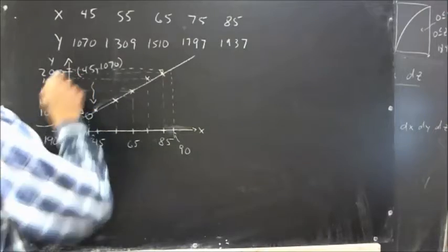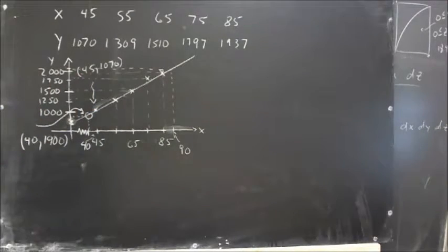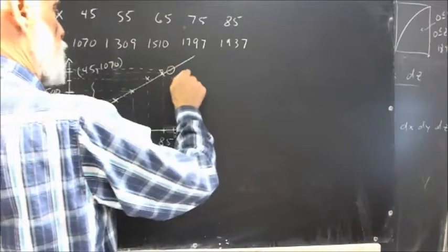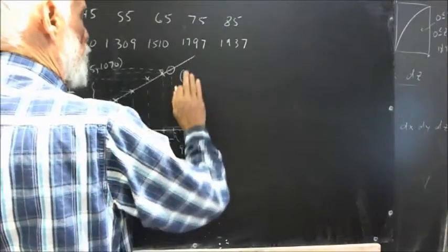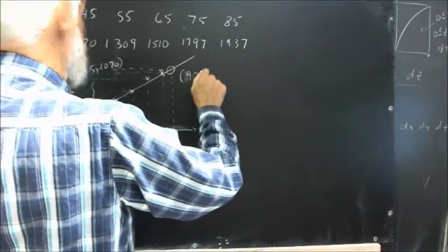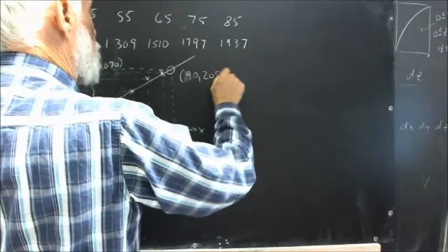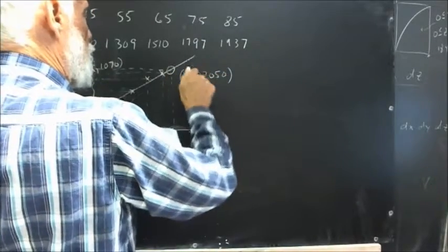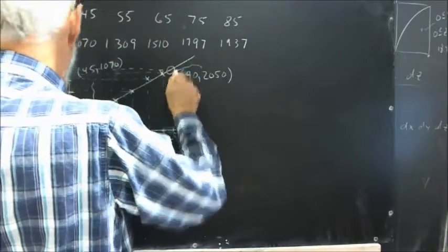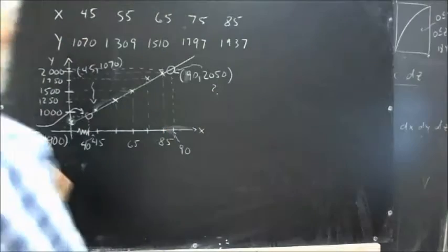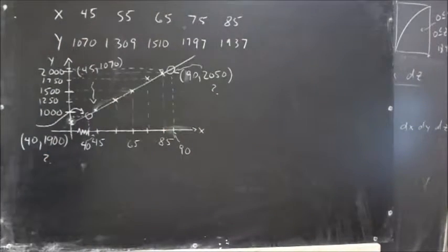I think that gets us just a little over 2,000. I'm going to estimate the coordinates of this point to be 90, let's say 2050. Now these are just estimates. That's questionable, but they aren't bad estimates.